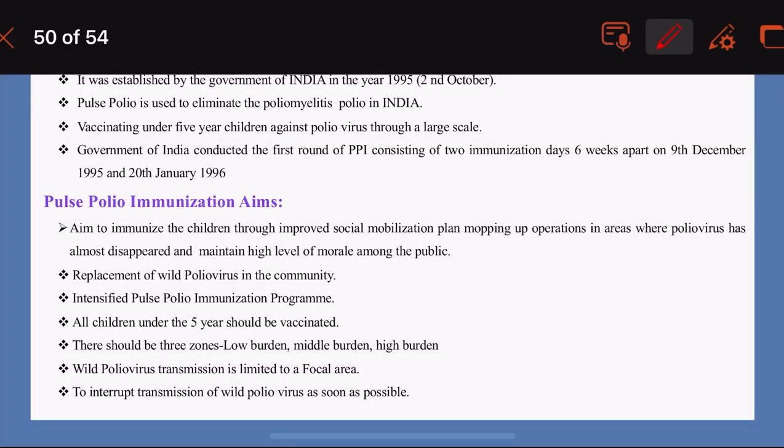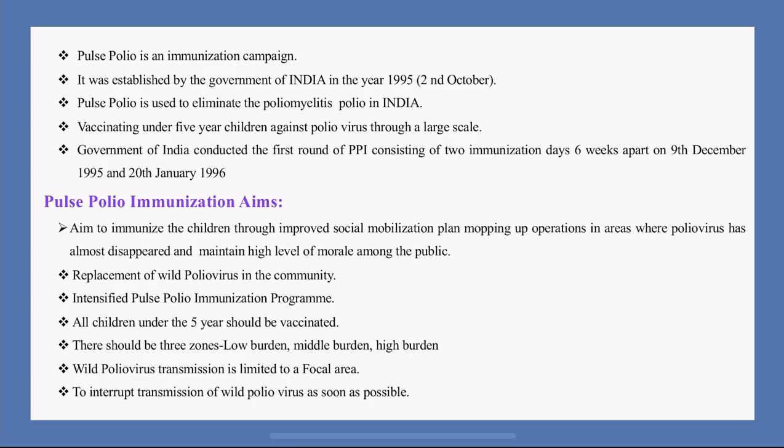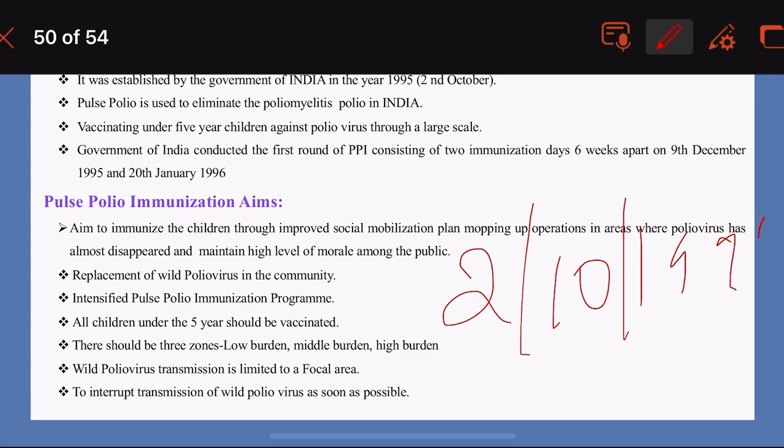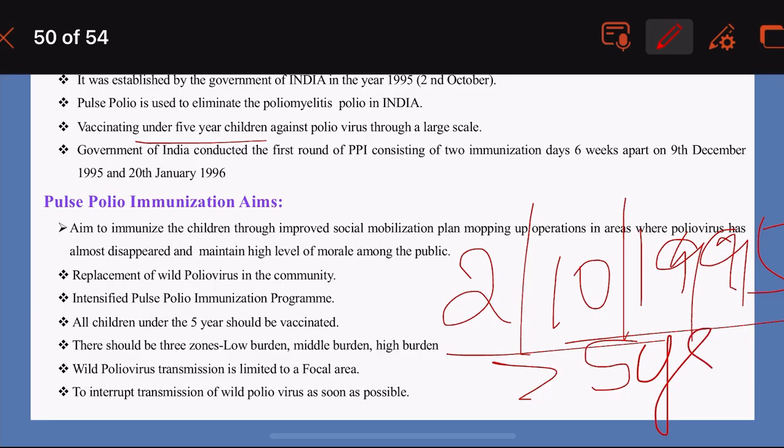Is it clear? What do you know about the pulse polio program? The pulse polio is an immunization campaign. It came into act on 2nd October in 1995. It was established by Government of India. The children under 5 years of age were vaccinated, and their goal is to eliminate the polio in India.